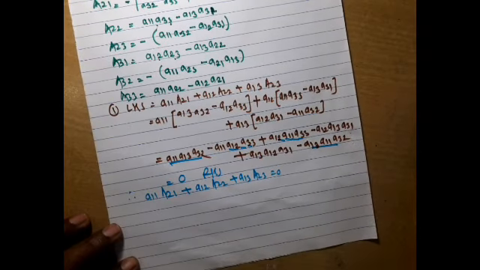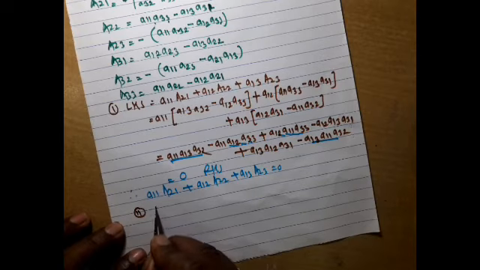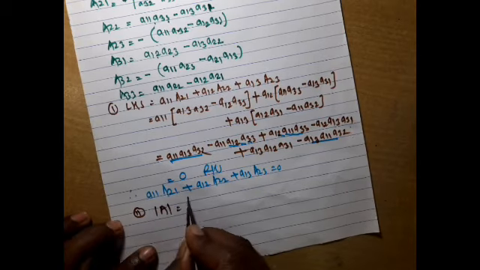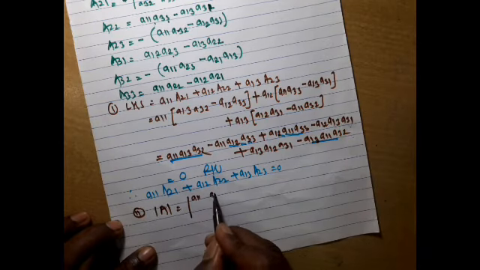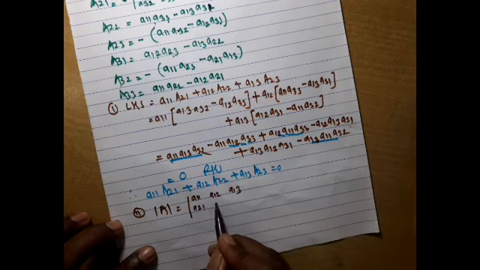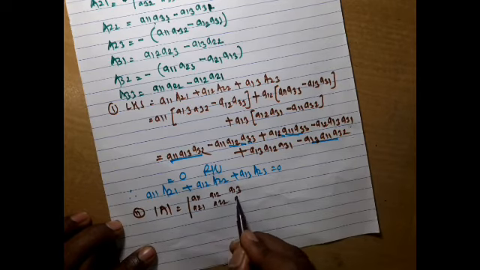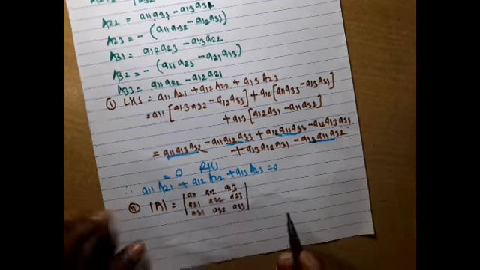Now second, consider the determinant of A. Determinant of A is a11, a12, a13, a21, a22, a23, a31, a32, a33.